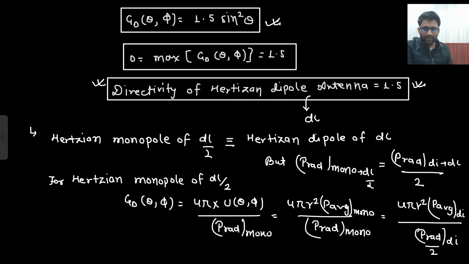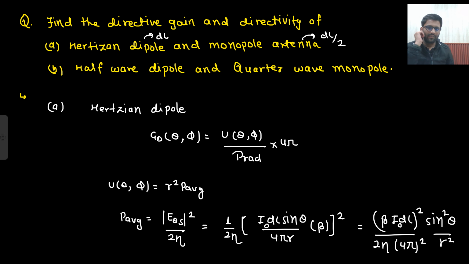Now what we need to find? The directivity, or directive gain, of a quarter wave monopole.